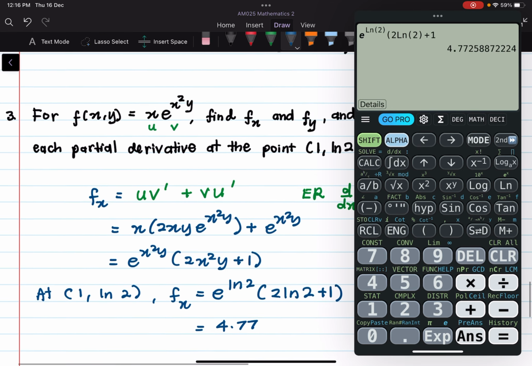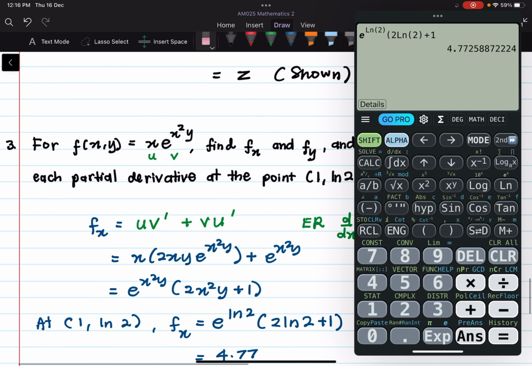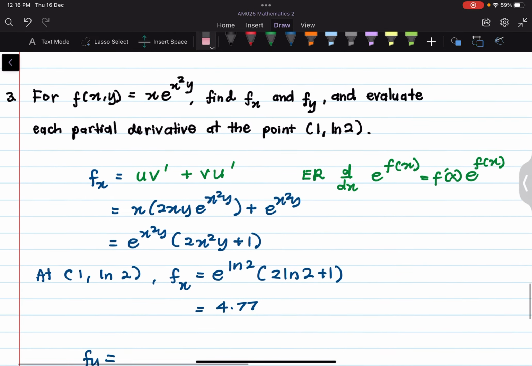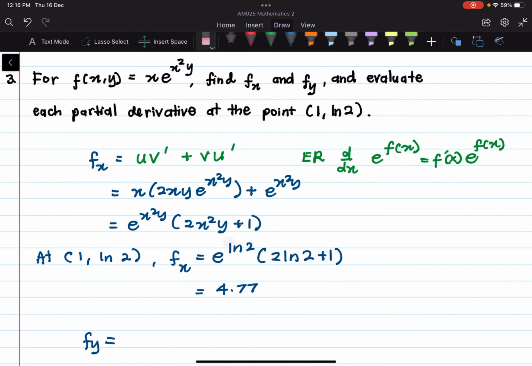So let us find the first partial derivative with respect to y. For this, we're not going to use the product rule. You may use the product rule if you want, but I'm not going to, because we only have one y term in e^(x²y). So this x is going to be our constant, so just write down the constant x.